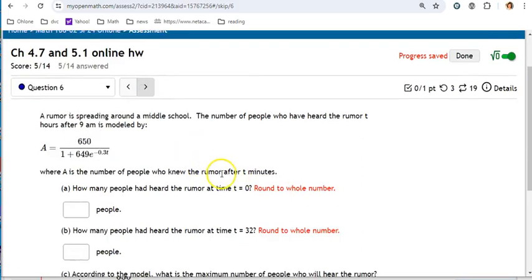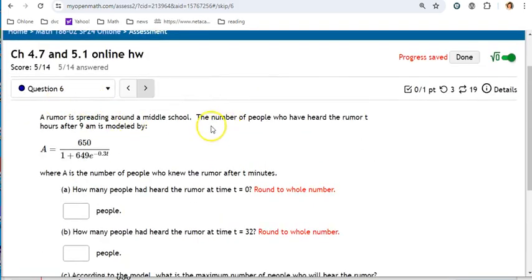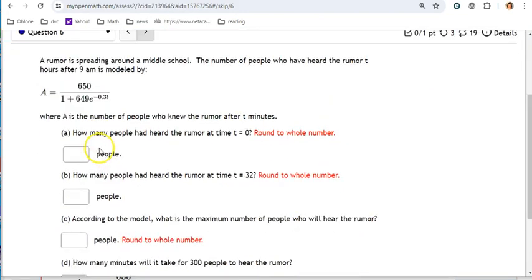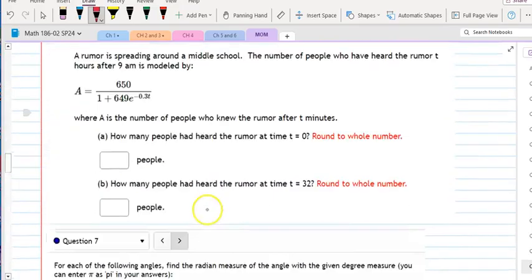Now, that's another logistic model, for rumors. The number of people who heard the rumor after 9 a.m. can be modeled by this. What is the number of people who knew the rumor after t minutes, or after 0 minutes? That means in the beginning. So that would be 1 person. Why?